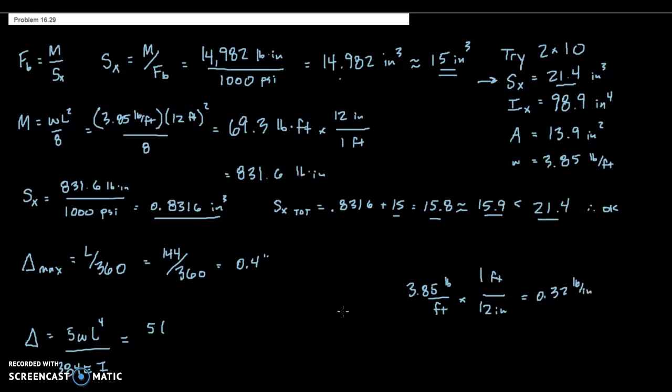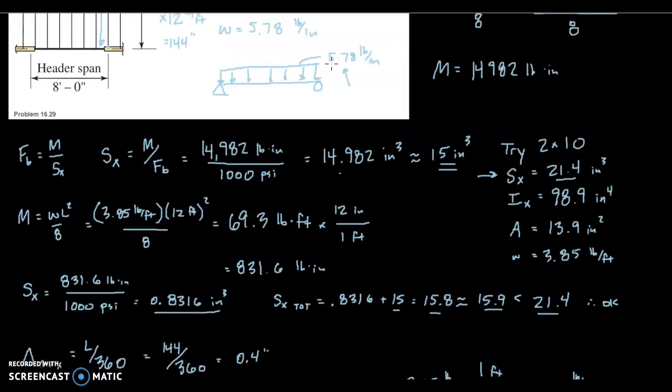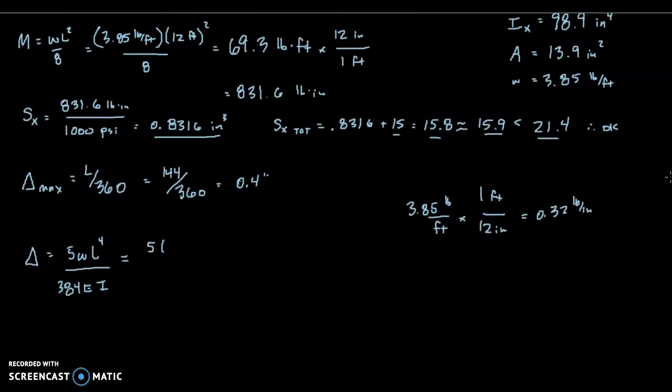So our total distributed load, W, would be the 5.78 plus the 0.32. So the total distributed load is 6.1 pounds per inch. That's our total distributed load, including the externally applied loads and the self-weight.